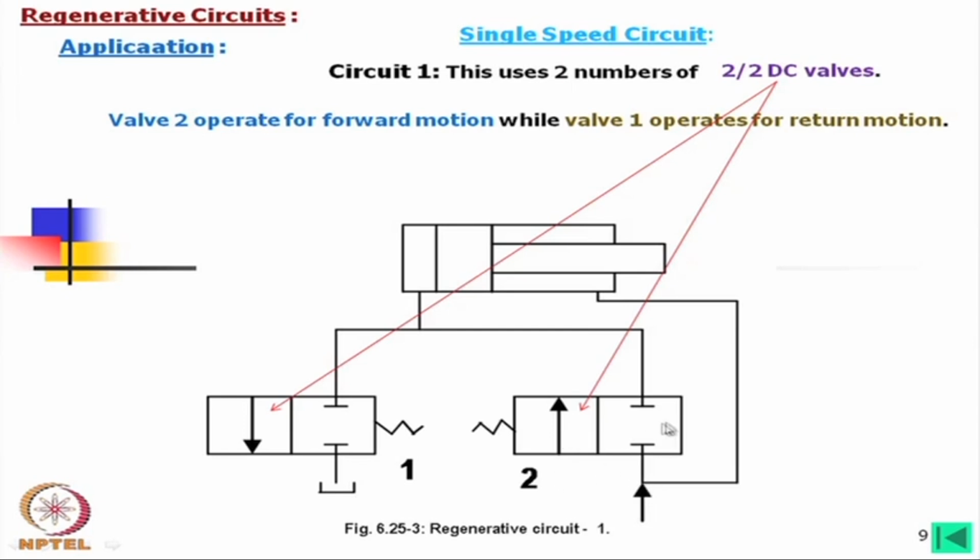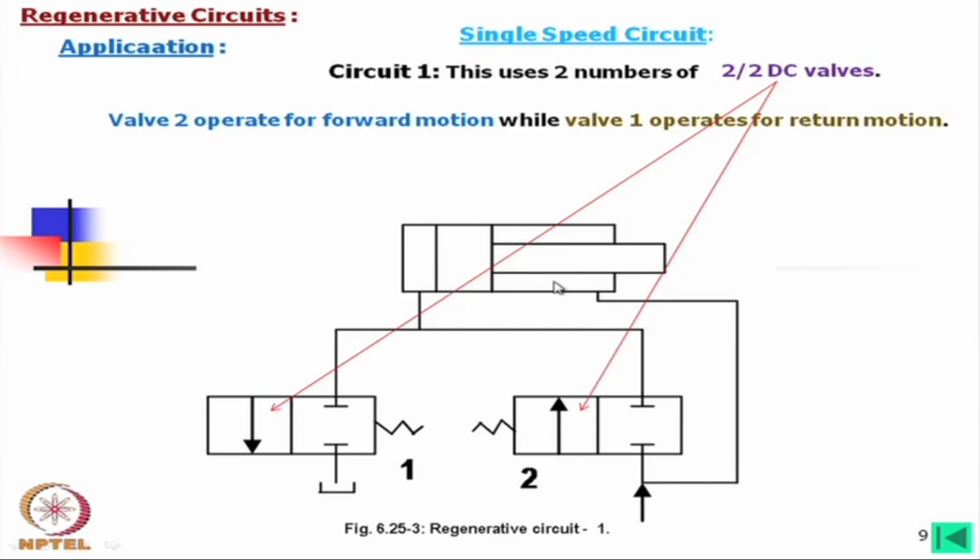If this is connected and this is connected, oil will simply go like this and go back to the tank. It will not operate this one, because there is some resistance and some load there. So, in no case will this move.